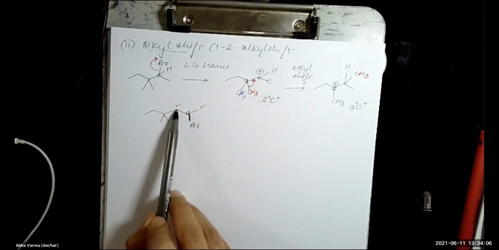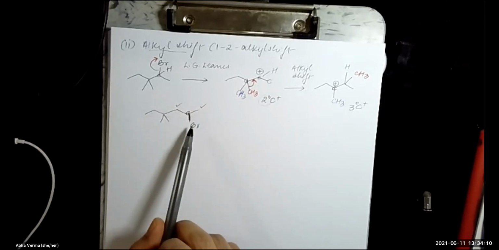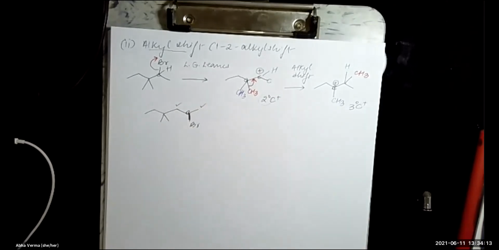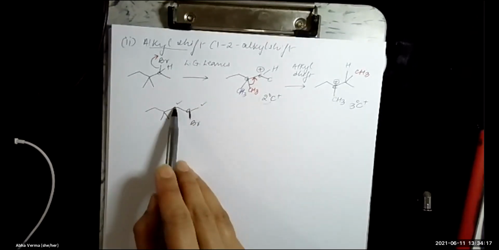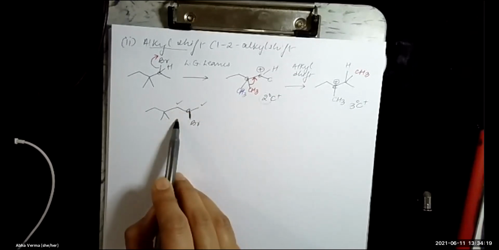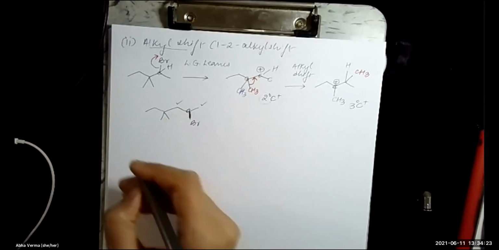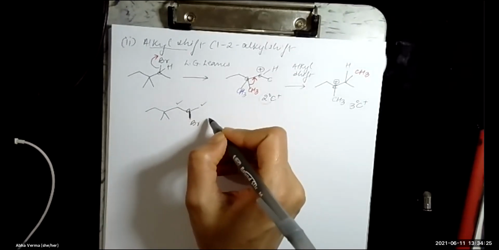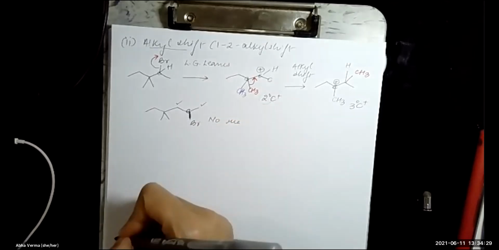So here it is 1,2, here it is 1,2. So don't jump farther off. I mean, for advanced courses, we do that, but for your course, stick to the adjacent carbons only. Any questions so far? So no rearrangement will occur here when the carbocation forms.